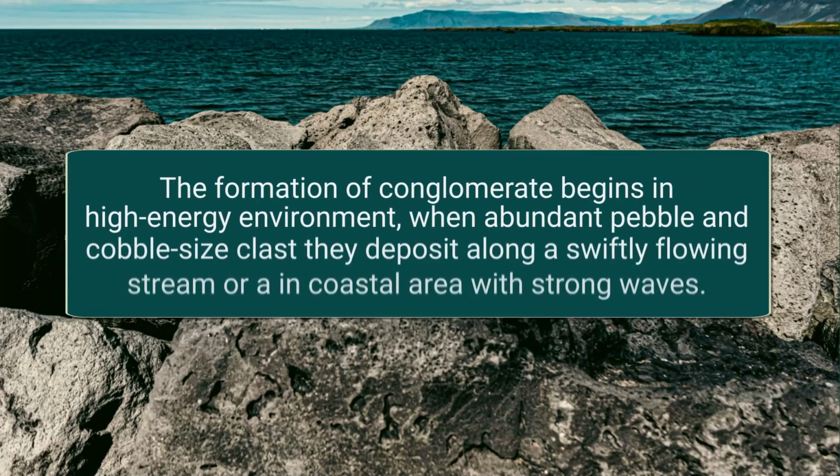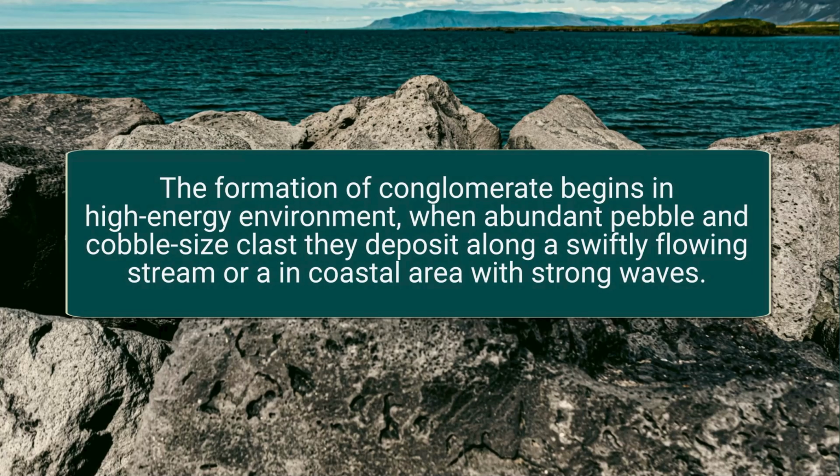The formation of conglomerate begins in a high energy environment when abundant pebble and cobble size clasts deposit along a swiftly flowing river or in coastal areas with strong waves.